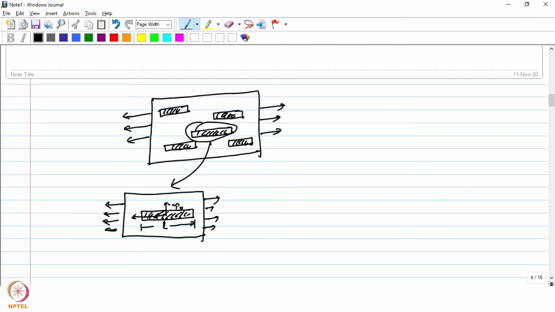Okay. So if we neglect the strain hardening, then the shear stress on the fiber surface will not exceed the yield stress tau naught. Okay. So if you take an equilibrium of forces between the stress in the fiber and the shear stress acting on a length L by 2, then this is what you will get.